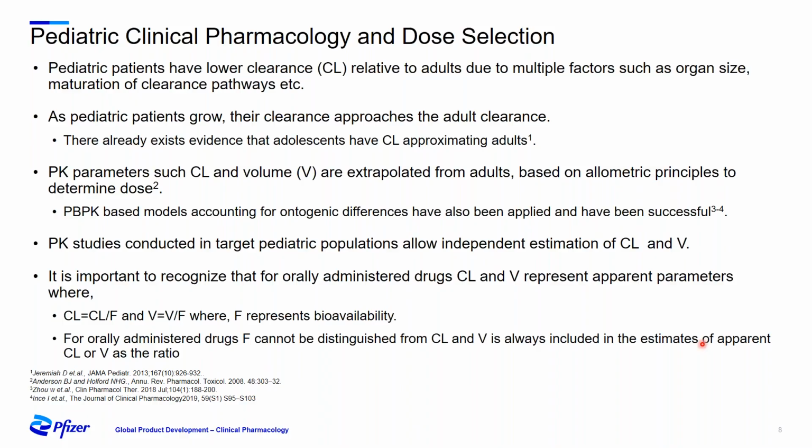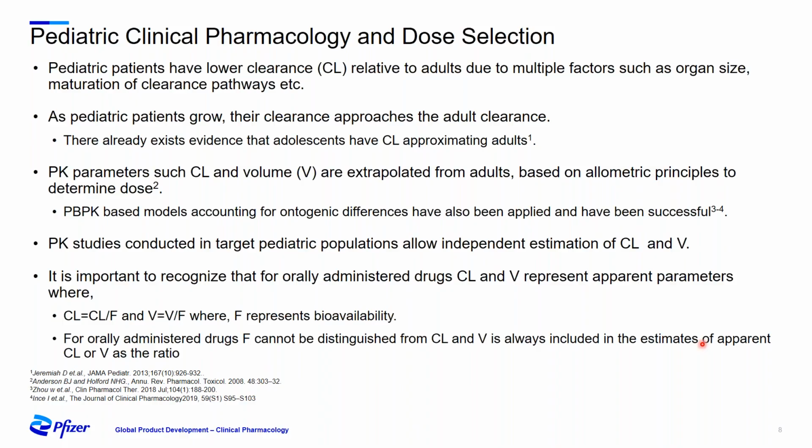As I mentioned, as pediatric patients grow, their clearance approaches the adult clearance, and there already exists evidence that adolescents have clearance approximating adults. The PK parameters that are of importance and we typically extrapolate are clearance and volume, and these are extrapolated from adults using allometric principles to determine the dose.